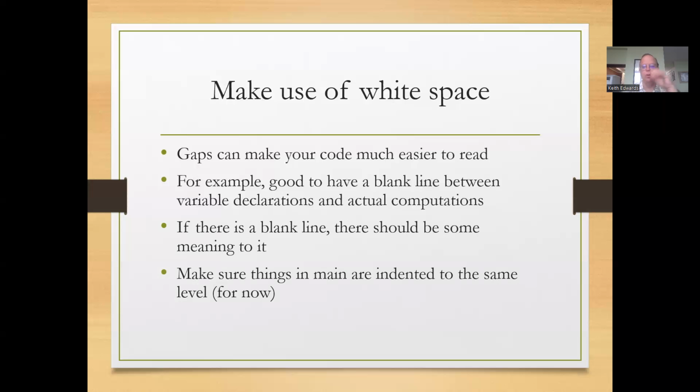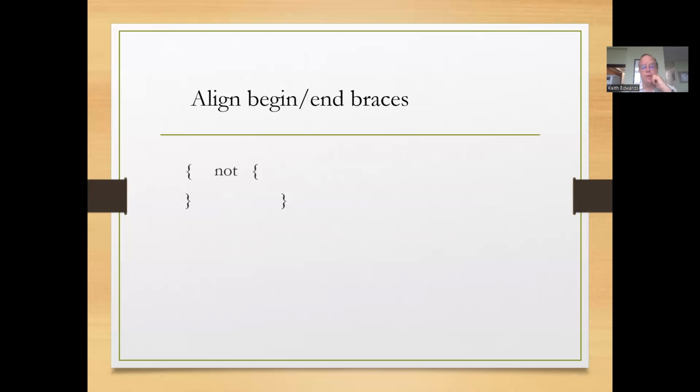And the other thing that goes with white space is indenting, and we'll get more into the indenting, but things should line up in terms of what goes with each control structure, what goes with each function. And again, on the alignment and indentation, it's good to have the braces aligned.